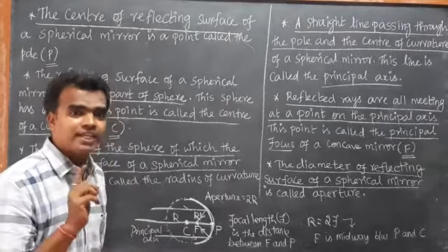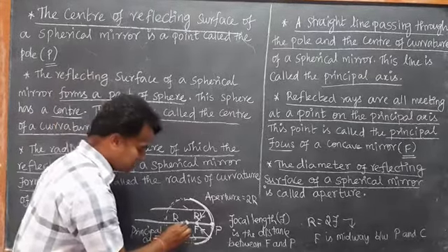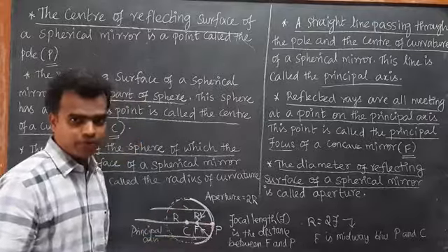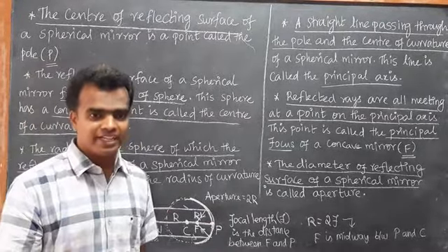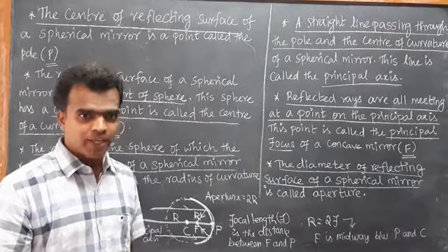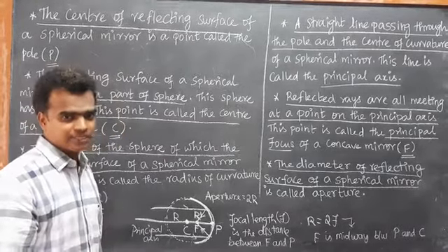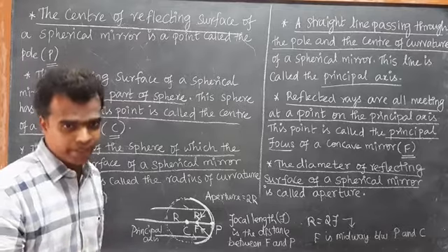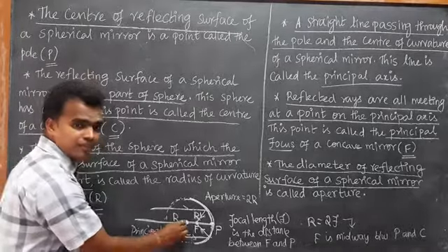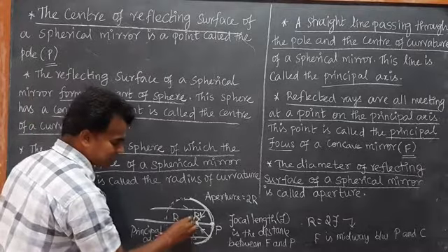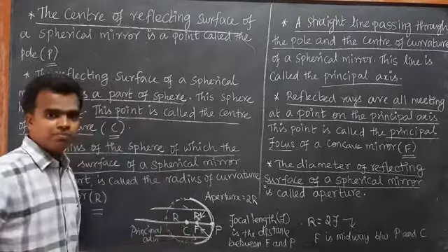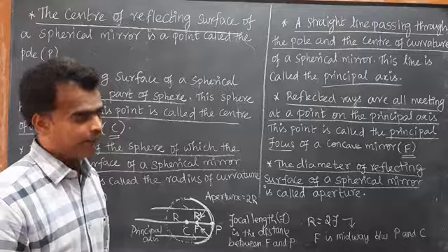Radius of curvature is the distance between the center of curvature and the pole. Both are different, don't get confused. Radius of curvature is the distance; center of curvature is a point. This distance is denoted by the symbol capital R.